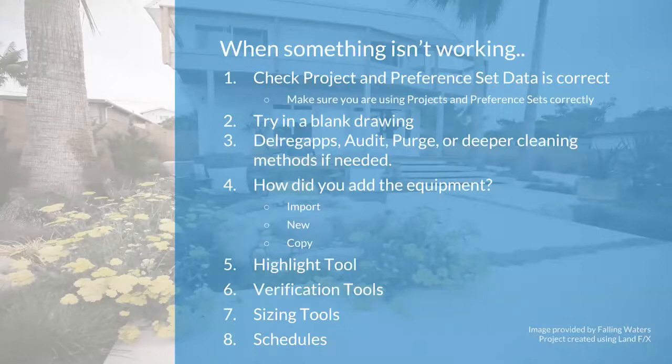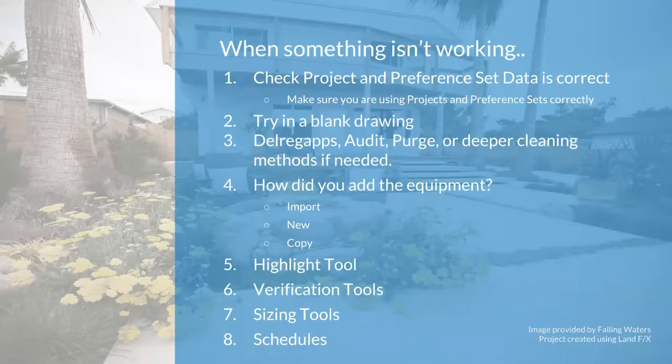Then there's Del Red Japs, audit, and purge, the cleaning methods. That is simply making sure that you have a clean drawing and understanding basic CAD functionalities. For example, a block gets defined in a drawing, and you try to put in a different version of that block, and it's not heeding those changes.